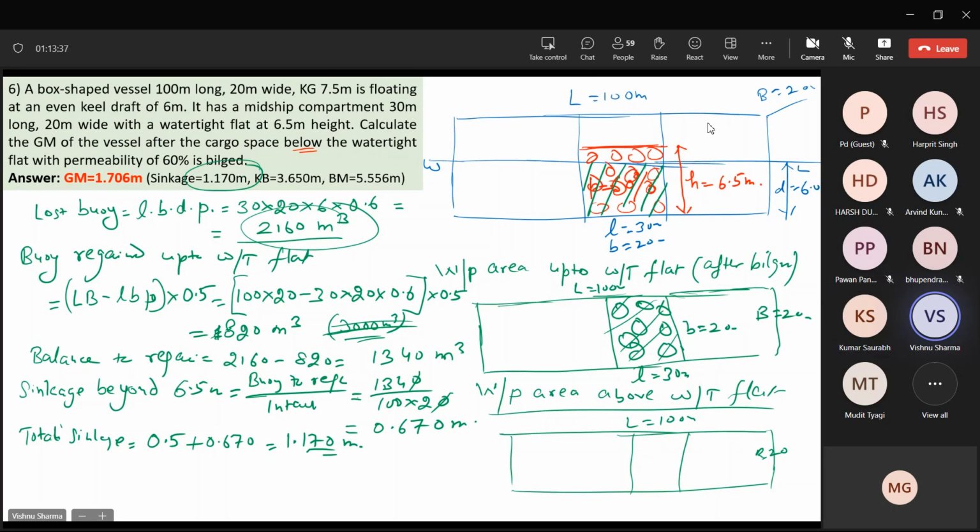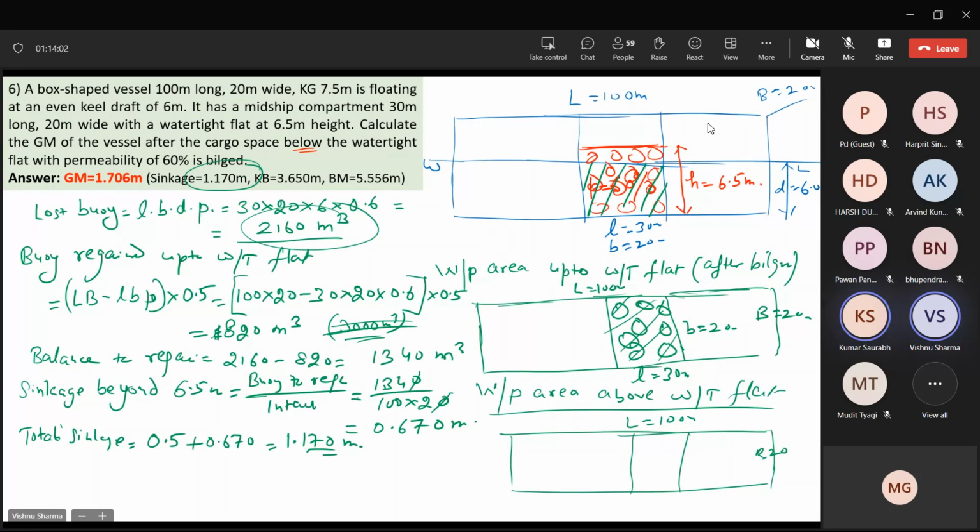Look at the slide and look at your working. Please correct yourself. What is 820? Speak out, beta. Don't go into silence. 820 is the buoyancy loss only for the 0.5 meter. No. 820 is the buoyancy regained up to the watertight flat. Speak correctly. Otherwise, you will not be able to recall properly.